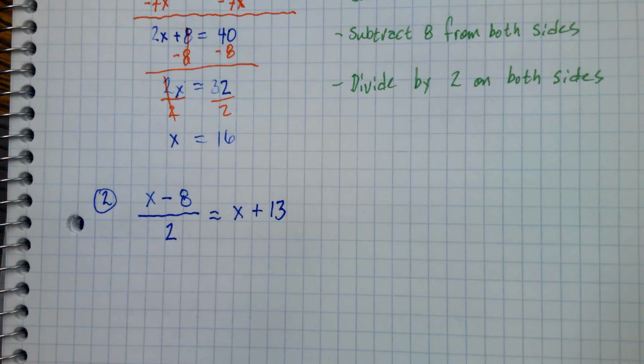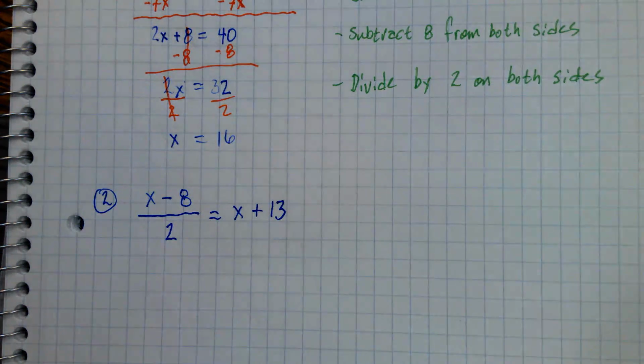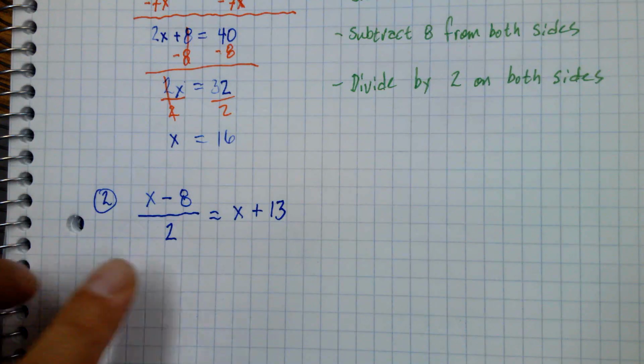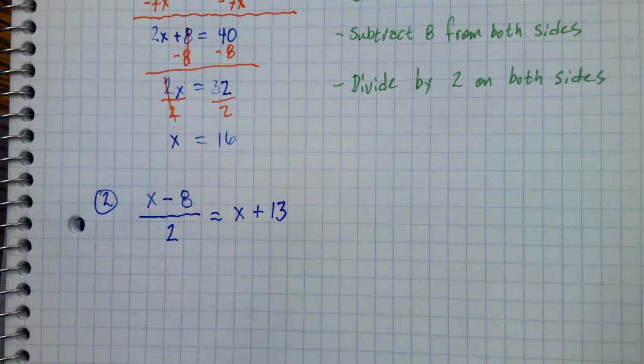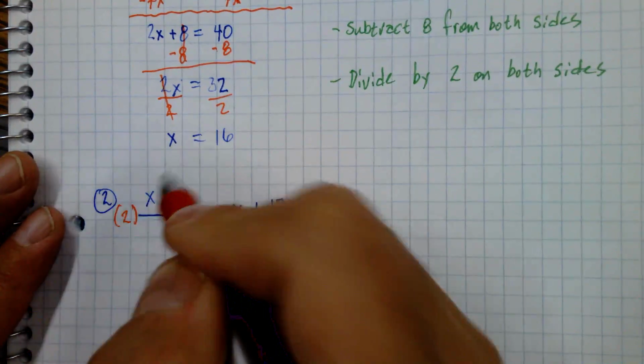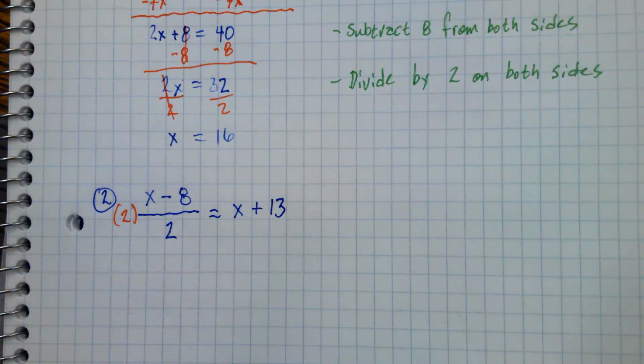Would you agree that our first thing to do is get rid of that 2? The first thing we should do is remove that 2, and what gets rid of this 2? If it's dividing, remember that's dividing. Multiplication.